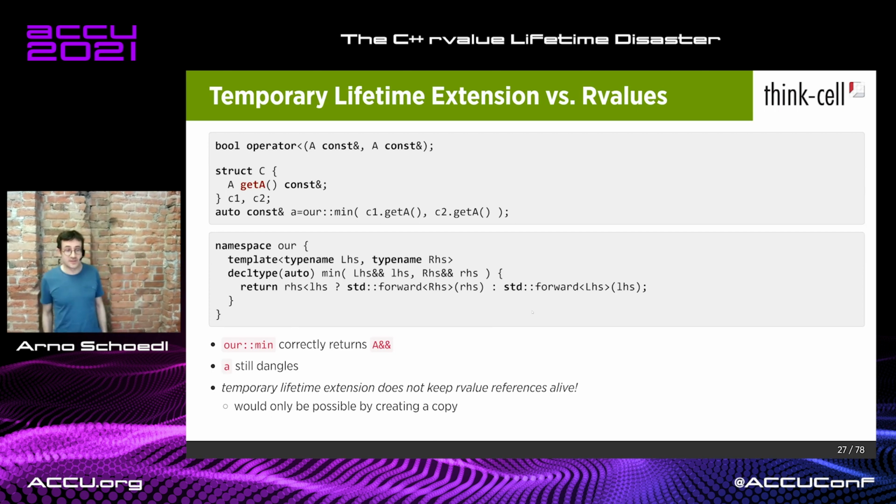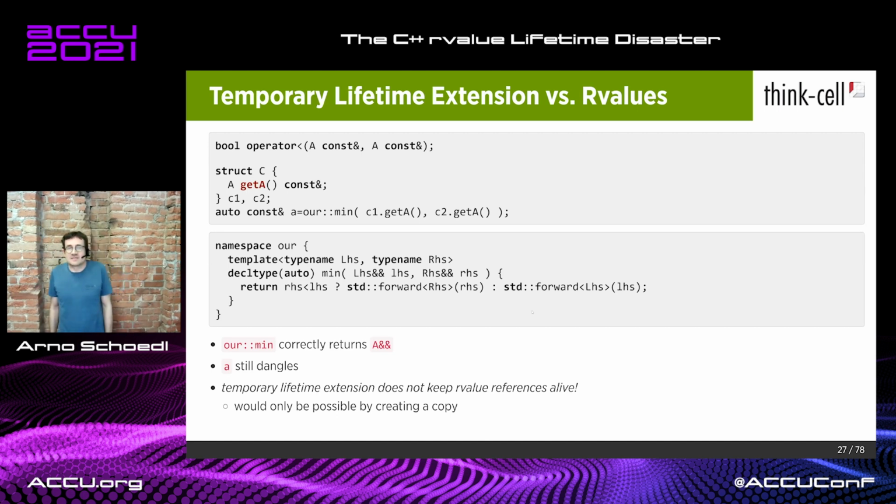Unfortunately, though, and here comes in that temporary lifetime extension is pretty old. The A still dangles, because the temporary lifetime extension works if you are giving it values. So the temporary values, their lifetime gets extended. But if you give it an R value reference, well, there's no temporary, there's just a reference, and you cannot extend anything.